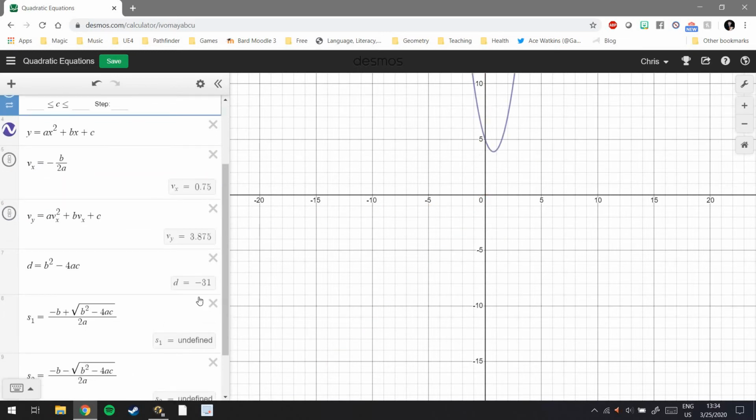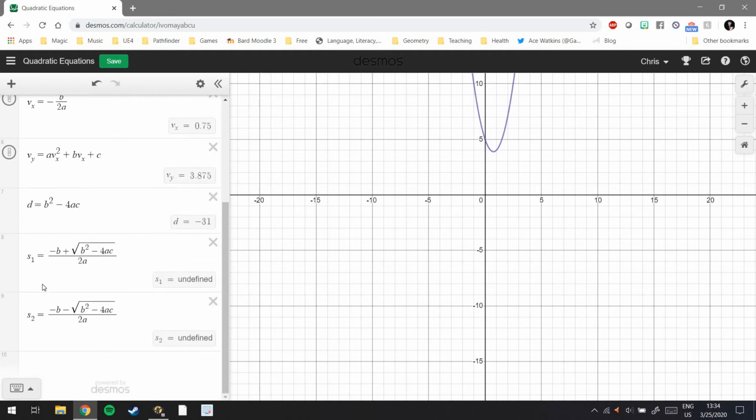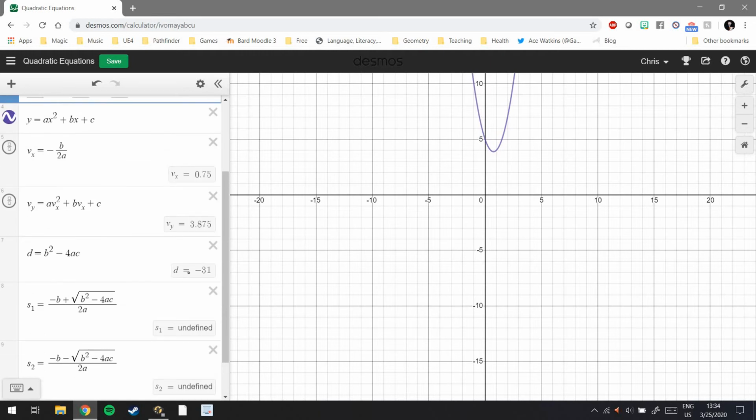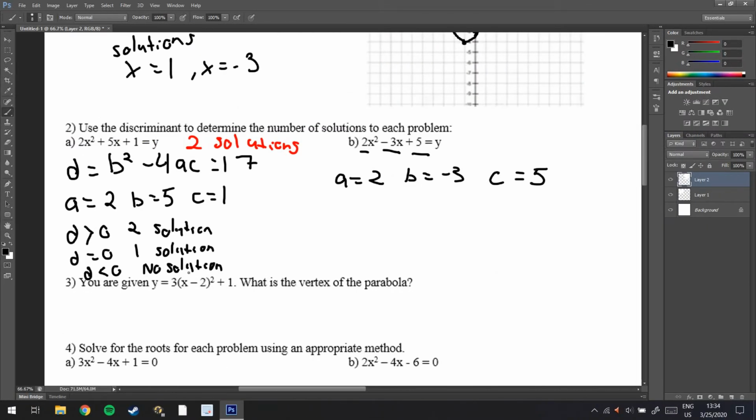Let's check. D is negative 31. My solutions are undefined because there are no solutions. And if we look again, D is equal to negative 31. Well, D is less than 0, so there are no solutions.